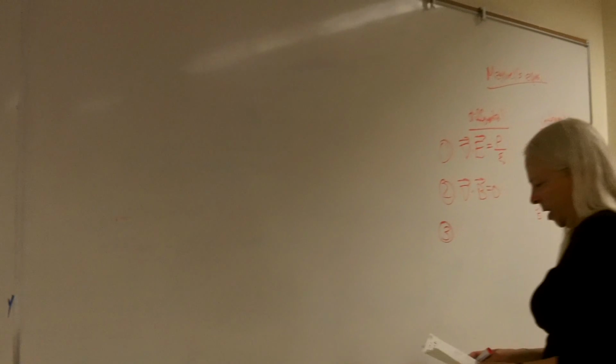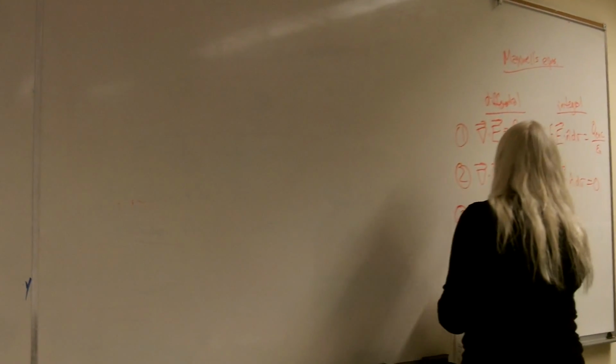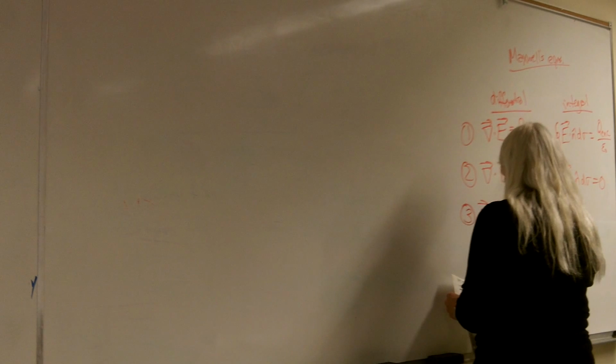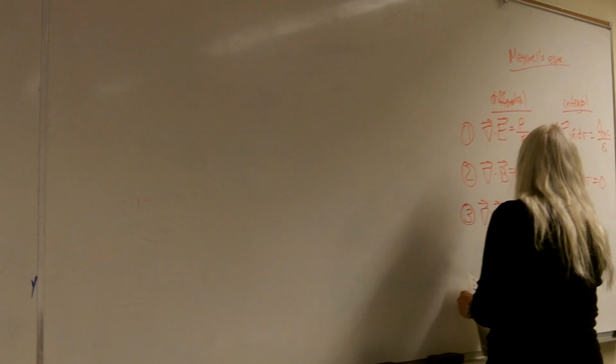So again, originally it said the curl of E in the differential form was equal to minus dB dt.